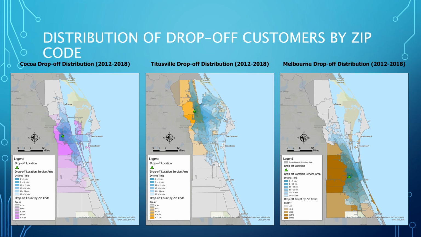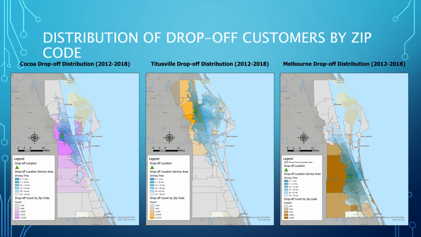For example, for the Cocoa drop-off location, you can see that most of the drop-offs occurred in zip codes within about 30 minutes driving time. That means the customers who do the drop-offs tend to go to the nearest drop-off location, and this makes sense. But what about the zip code areas between two drop-off locations, such as those between Cocoa and Titusville?